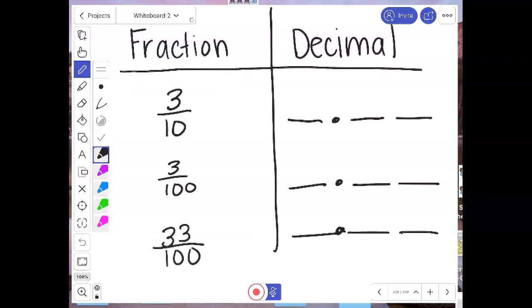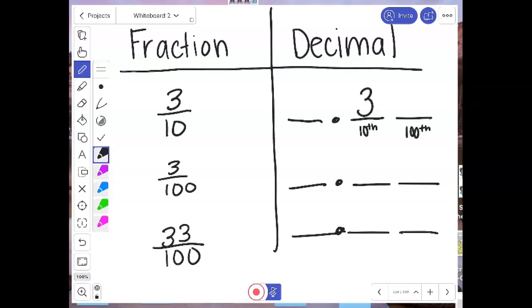Okay, so we talked about how this is the tenths. So I'm going to call this the tenths. And this is the hundredths. So the fraction I have here is 3/10. That means I'm going to put the 3 in the tenths place.